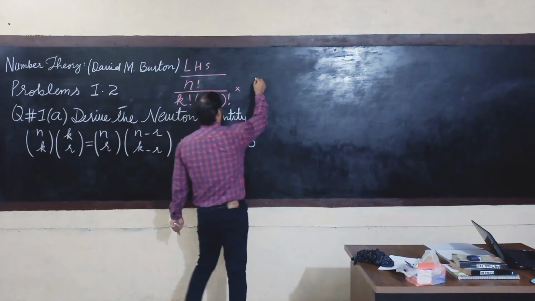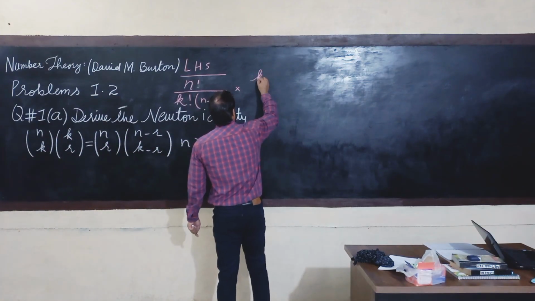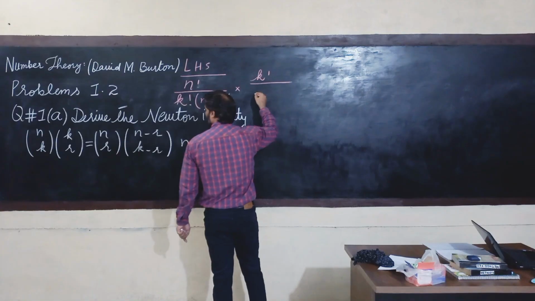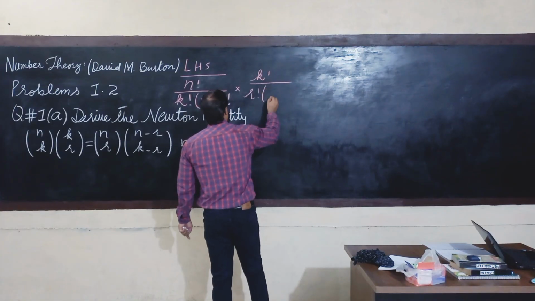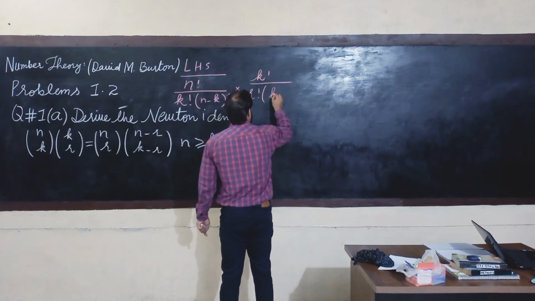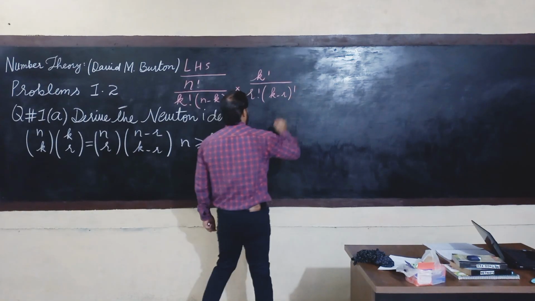This is given by simply k factorial over r factorial into k minus r factorial.